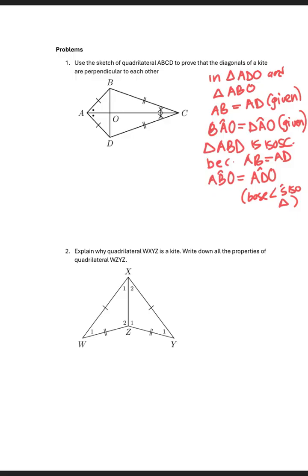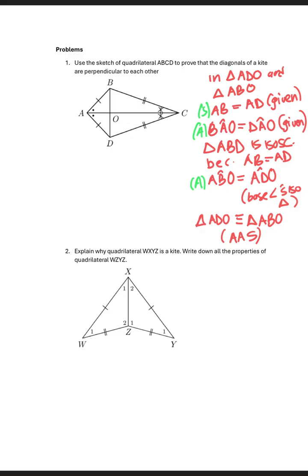Therefore, now we have a side, an angle, and an angle. Therefore, we can say triangle ADO is congruent to triangle ABO, reason: angle side.